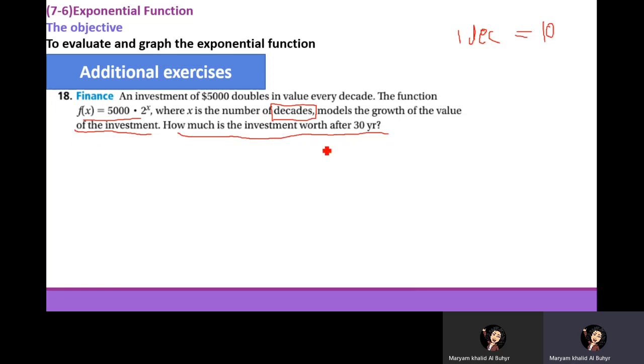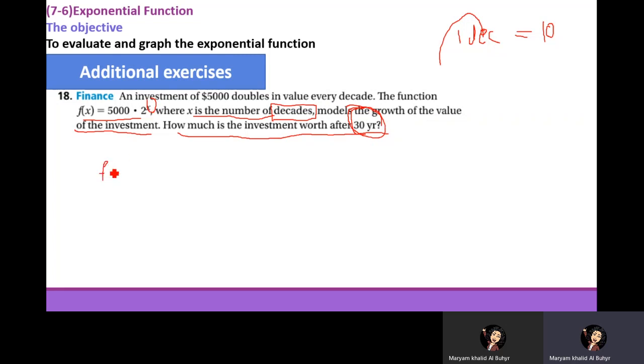So here, you cannot directly substitute 30 years. Since x represents decades, and a decade equals 10 years, these 30 years are 3 decades.